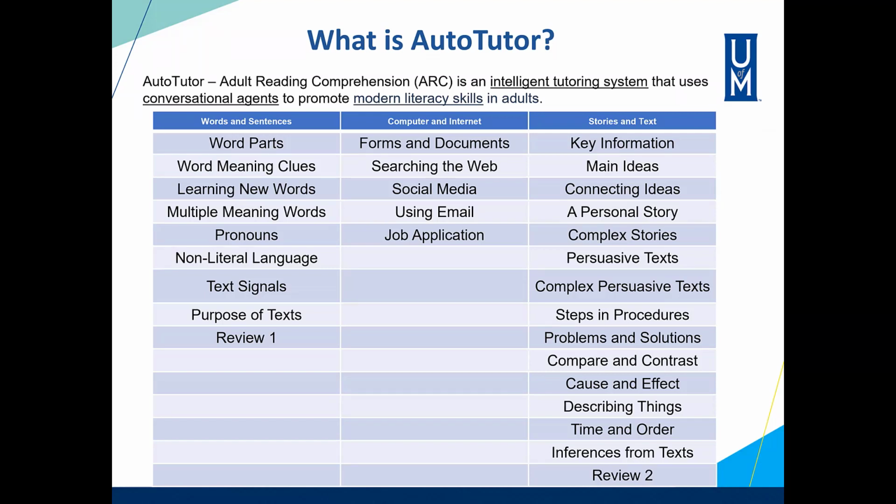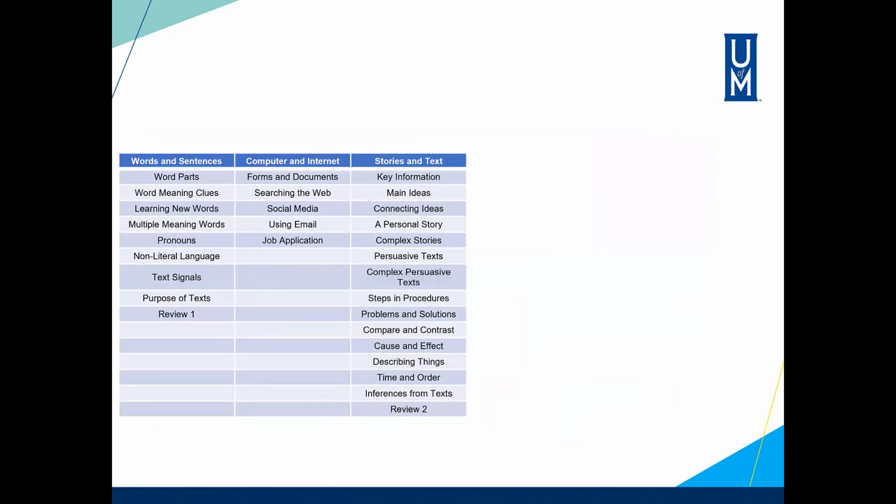There are also computer, internet and digital skills that we're working on, as well as lessons that cover stories and text. All told, there's probably 30, 40 hours of content. It is adaptive, meaning that based on your performance within each lesson, we move you up in challenge level or down to support you if you're facing difficulty.